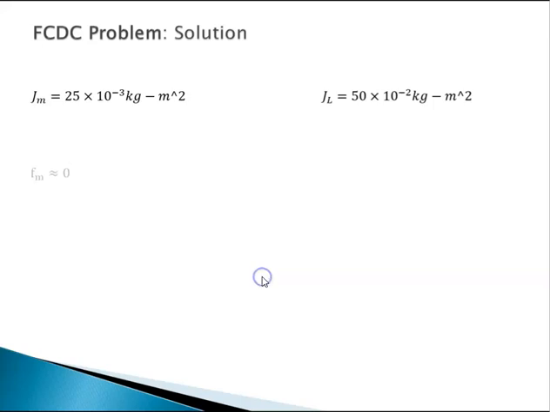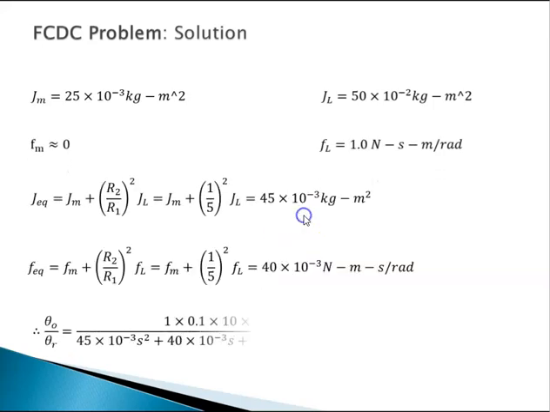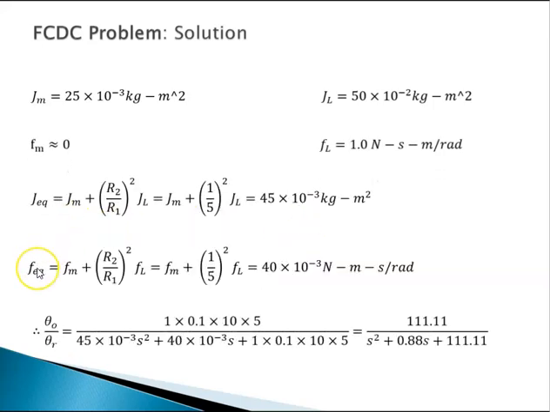Similarly, you can write expressions for F equivalent. Noting J equivalent, F equivalent, you write the expression for theta O by theta R. You can do all the math, simplify and verify. Please let me know. The transfer function theta O by theta R is obtained like this.